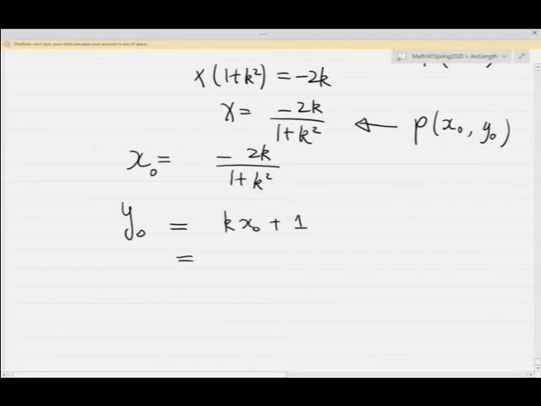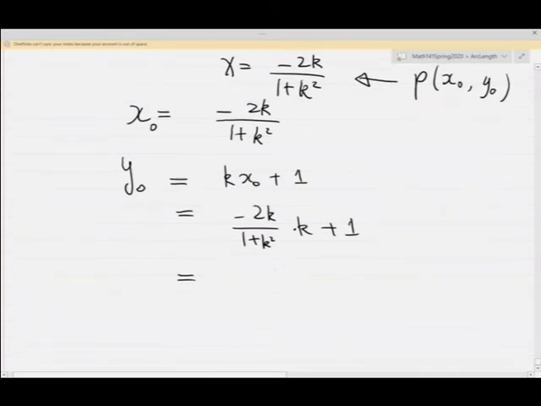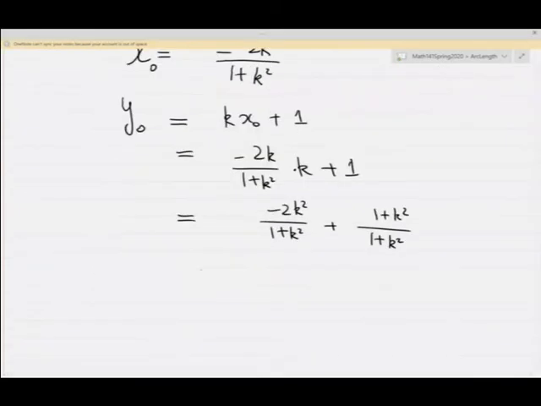So you get negative 2k over 1 plus k squared times k, plus 1. So you get negative 2k squared over 1 plus k squared, plus 1 plus k squared over 1 plus k squared. So finally this will be 1 minus k squared over 1 plus k squared.